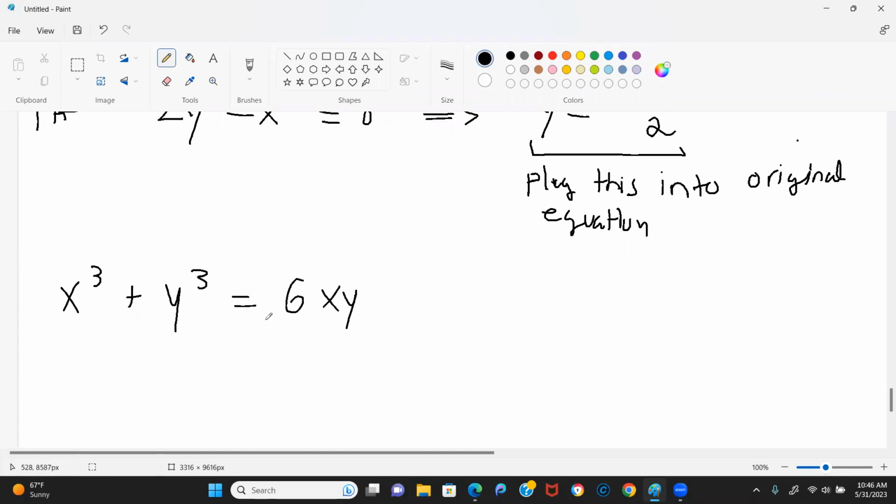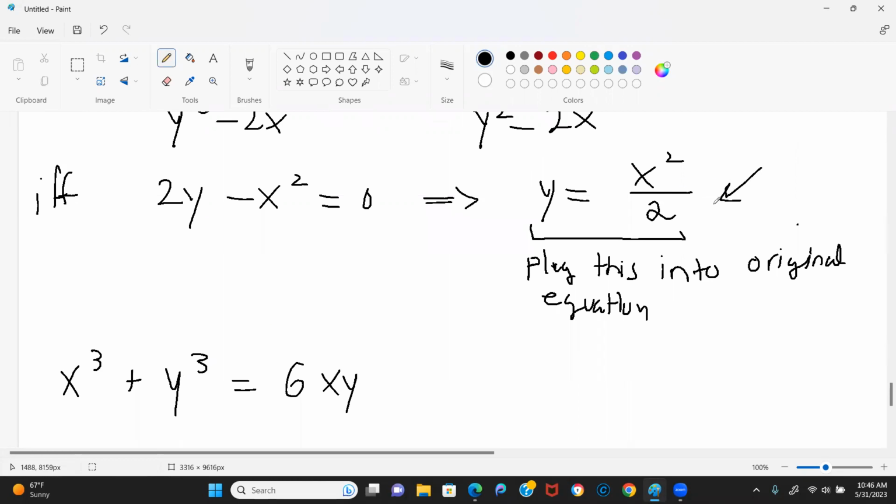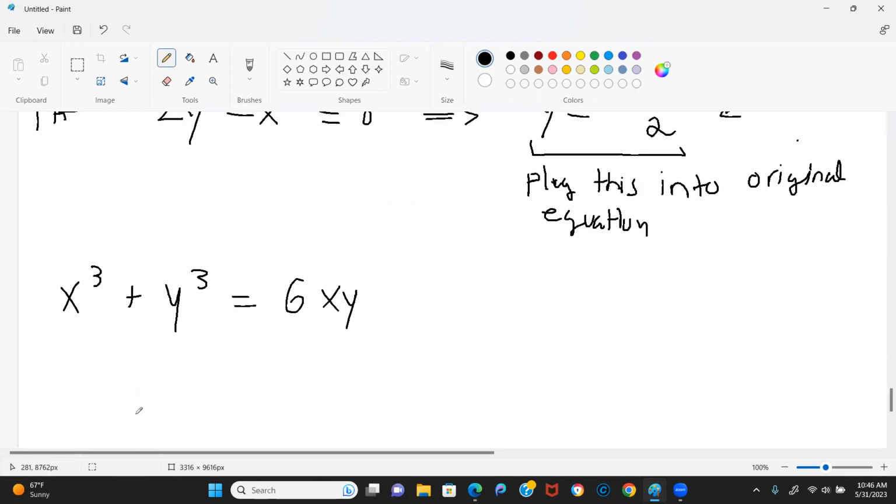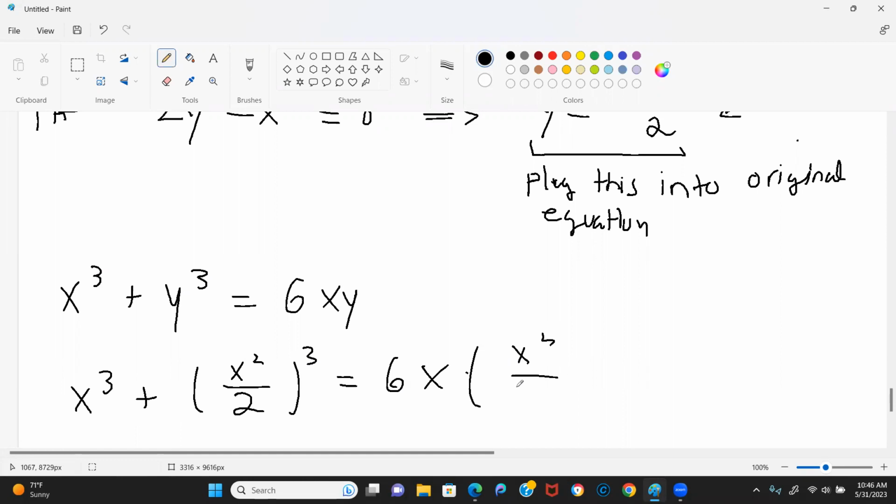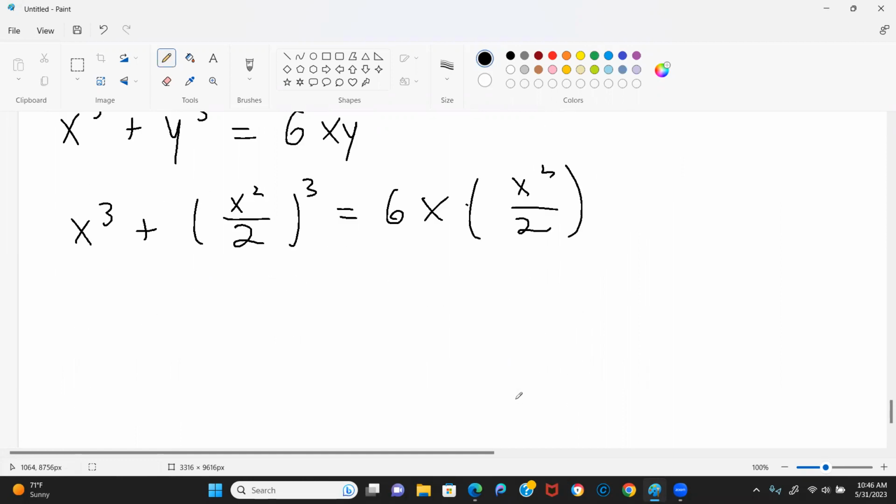So now we want to replace y with this right here. So when we do that, we get x cubed plus (x squared over 2) cubed is equal to 6 times x squared over 2. And let's see, what do we get?